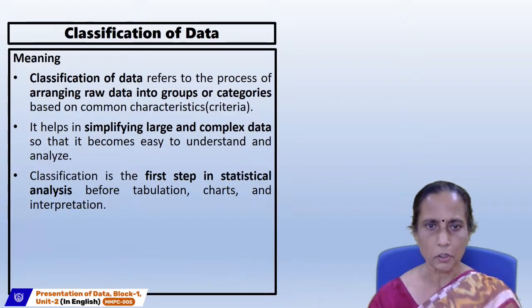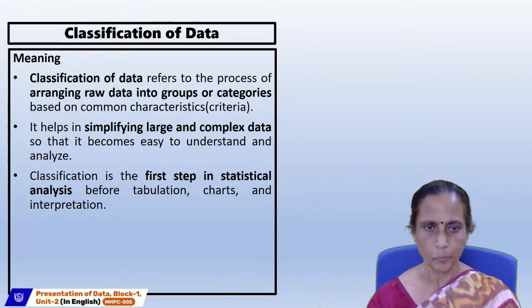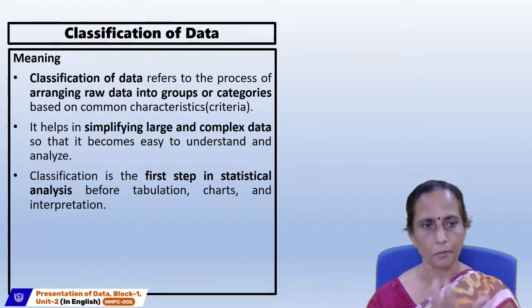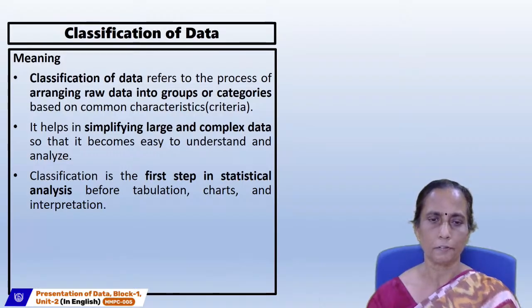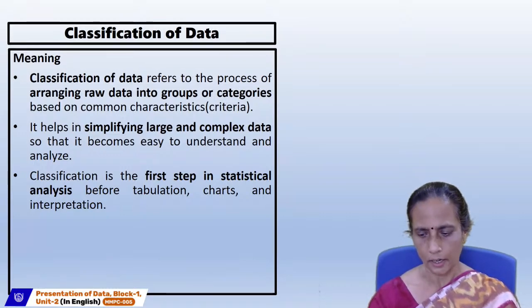Once you classify your data, it looks very comfortable for your eyes to grasp, perceive, or conceive something from it. And classification is the first step in statistical analysis before tabulation, charts, and interpretation.